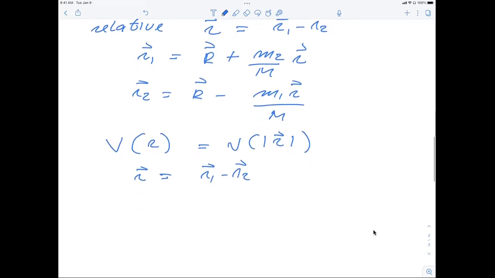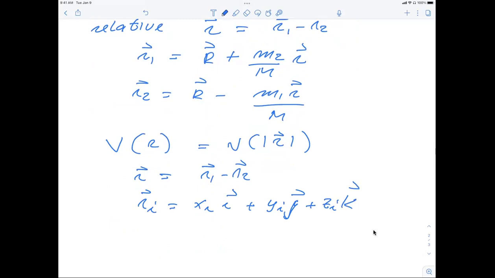So if we are in 3 dimensions, it means that R of i is simply xi times the unit vector in the x direction, plus yi times the unit vector in the y direction, plus zi multiplied with the unit vector in the z direction.